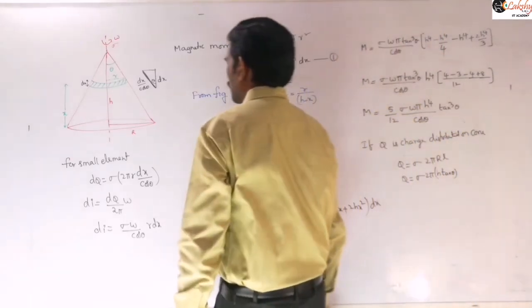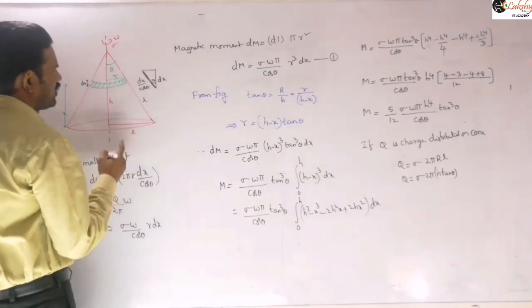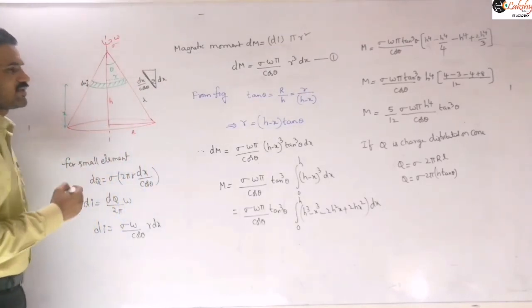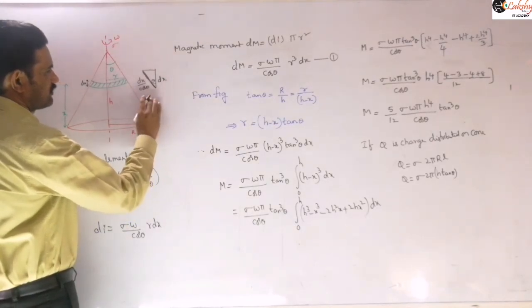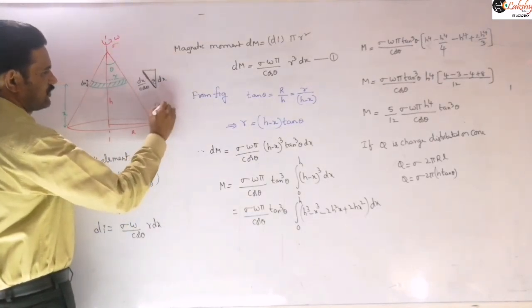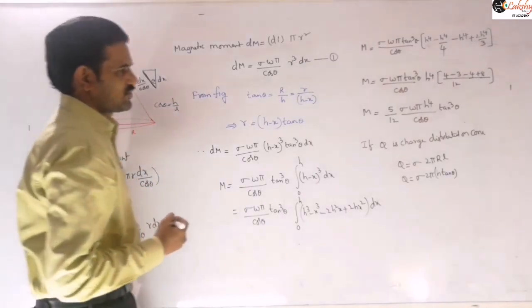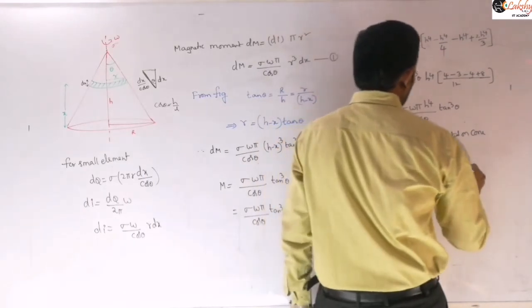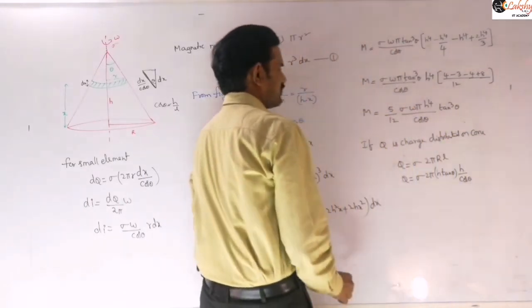And then this L value we need to write here. So cos theta is equal to H by L, so L is equal to H by cos theta.